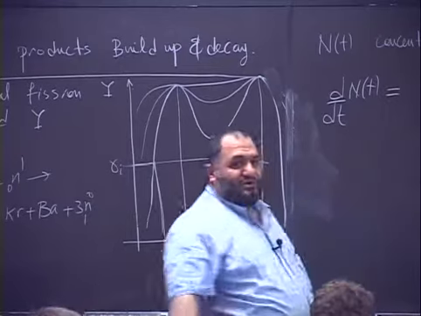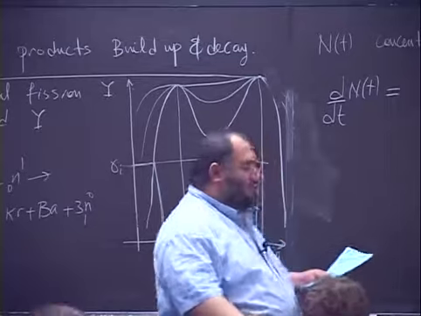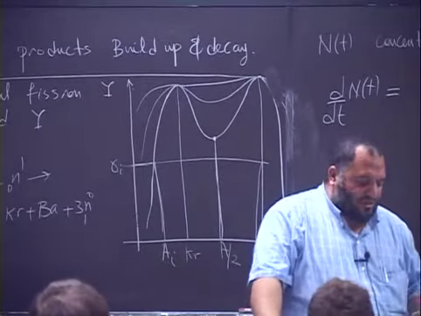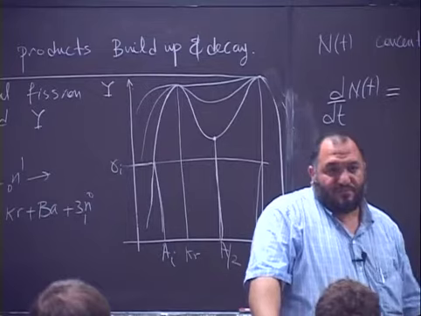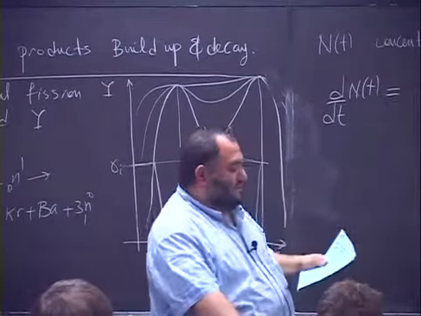Gamma fission product. What's the yield? Where gamma fission product is just the fraction of fissions that produce the specific isotope of interest. How many fissions will produce this product of interest?